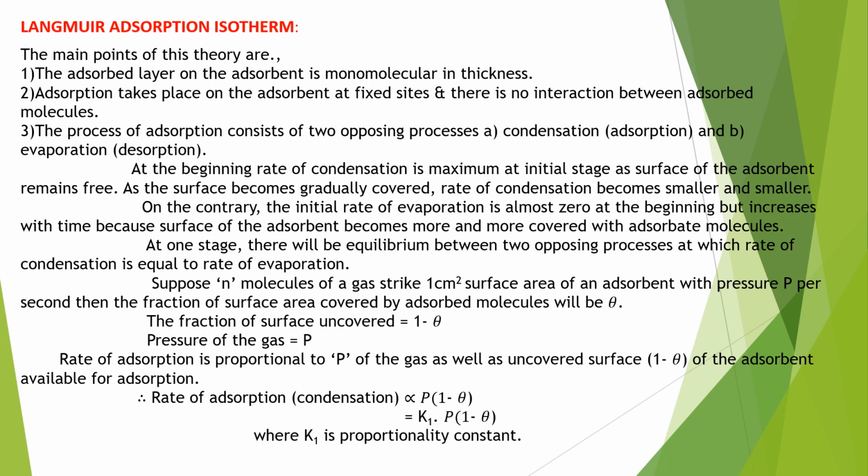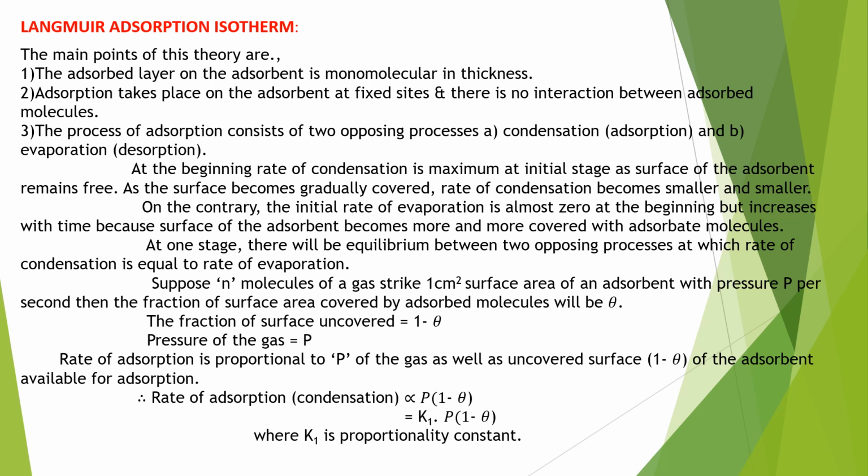So theta surface area is covered by the adsorbed molecules. What is the total surface area of the adsorbent? 1 centimeter square. So what would be the surface which is not covered by the adsorbed molecules? That will be equal to 1 minus theta. The fraction of surface uncovered will be equal to 1 minus theta.